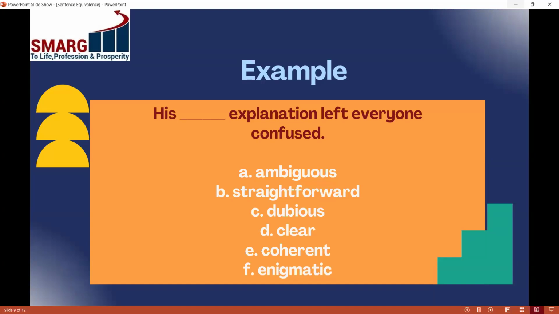Excuse me, ma'am. Sorry to interrupt you. You just said we can use enigmatic for some concepts as well. Then why can't it be enigmatic here? Because of the concept. Look at the noun, explanation. Not every noun is going to go with every adjective, right?